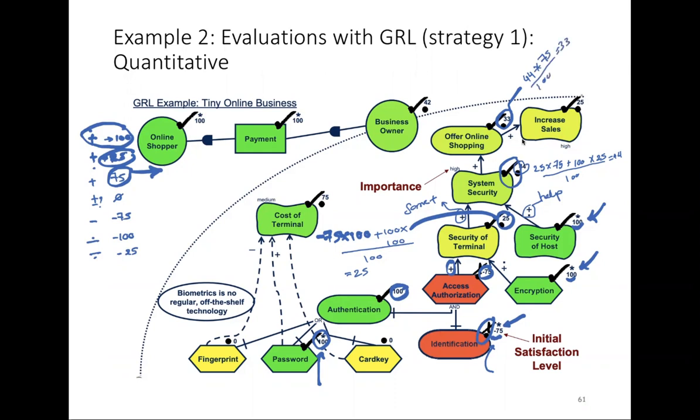The same for the 25, it would be the previous value. This is because we linked them using the contribution links at this point in this goal. So this is 33 times the contribution value of a plus, which is 75. And then we divide this by 100, so it will be 25. So now it ends up that we have a satisfaction level of 25, which is weakly satisfied.